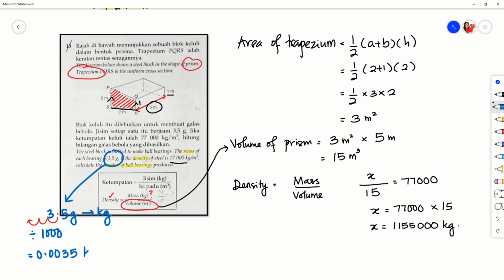0.0035 kilograms. And what I'm going to do here to find the number of ball bearings, I will have to take the total mass of the steel block, divide by the mass of one ball bearing.